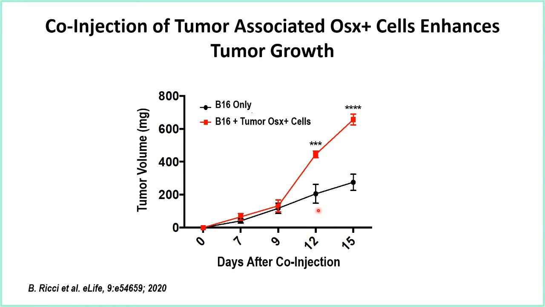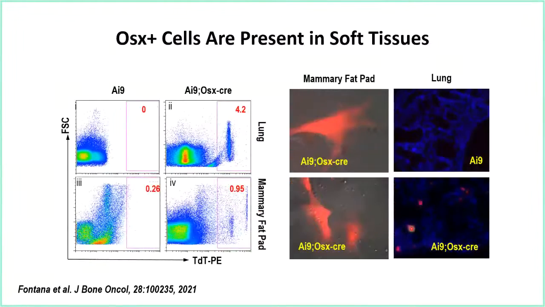In a way, as would be expected from what are called cancer-associated fibroblasts. Fibroblasts in the tumor microenvironment can facilitate tumor growth. So these Osterix positive cells do the same.